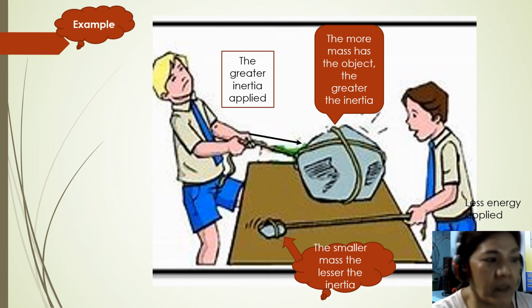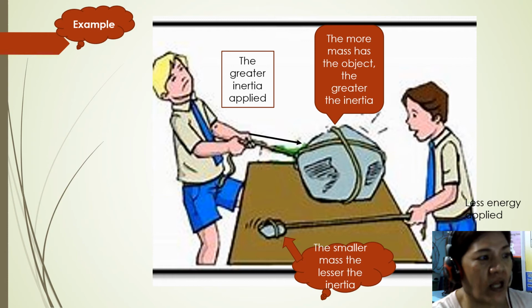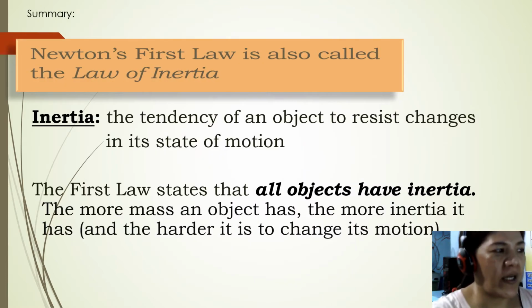So with a smaller mass, less energy is applied. With a higher mass, you need greater energy for that object to move. Okay, so the first law states that all objects have inertia. The more mass an object has, the more inertia it has, and the harder it is to change its motion.